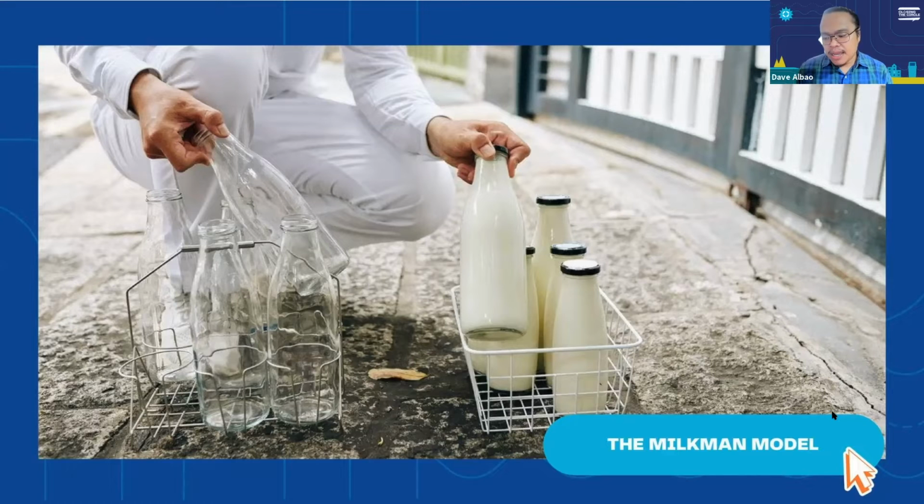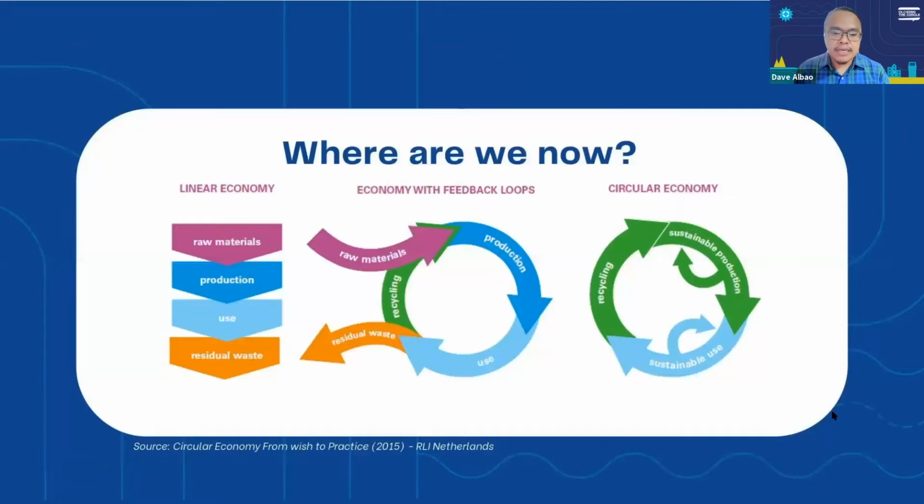So if we look at the economic models that we are looking at on the screen, you see shapes there. There's a line, there's a circle with lines coming out of it and coming in. And then the third circle is the circular economy. So you see that in the circular economy, materials are kept in the loop.